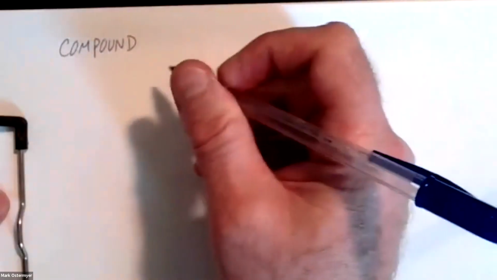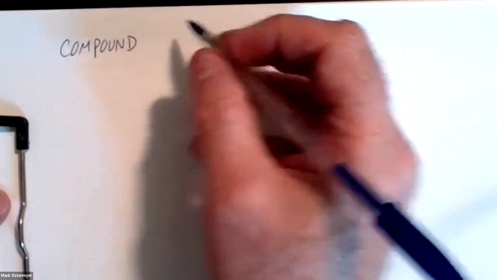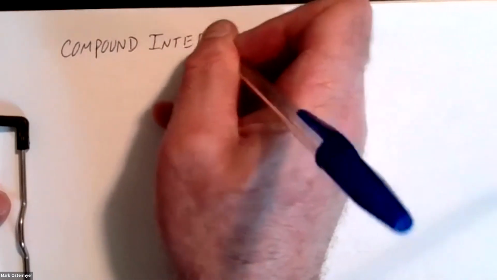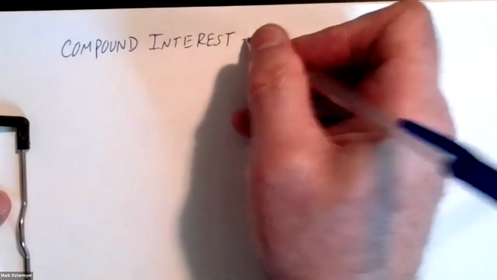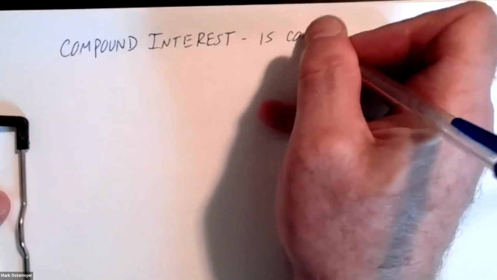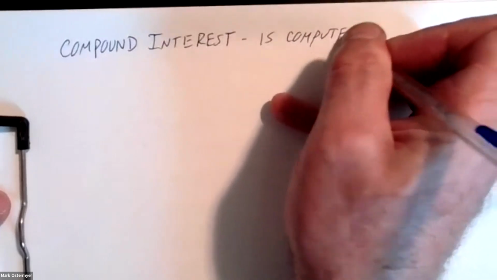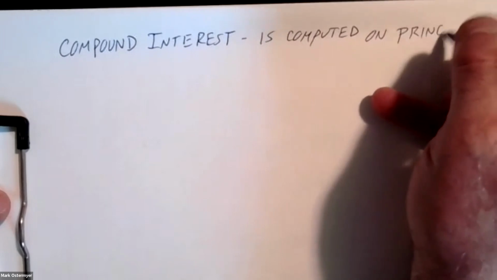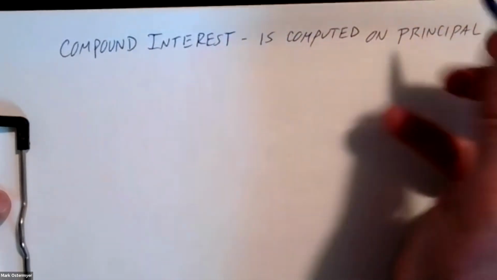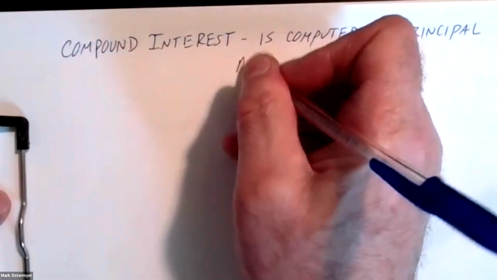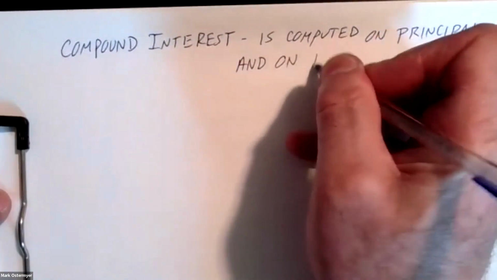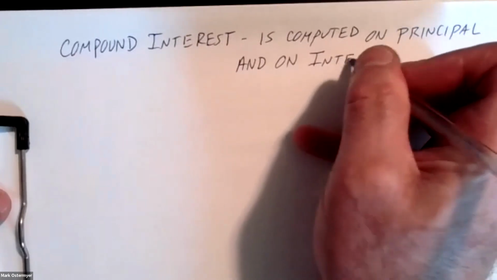Well, we know simple interest is just interest computed on principal only, so it's just money. But compound interest is a little bit more complicated. Compound interest is computed not only on the principal, like simple interest is computed on the principal, but later on it's also computed on interest that's already earned or accrued.